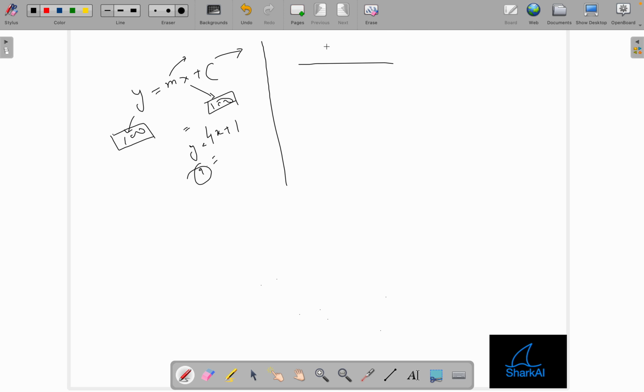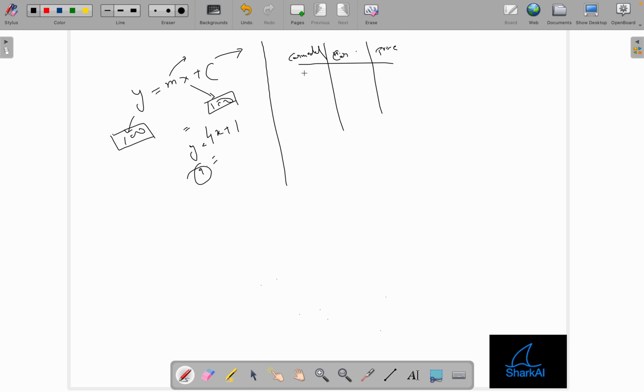So linear regression, how will it be? Suppose the car example: this is the car model, how many kilometers the car ran, and what is the current price.